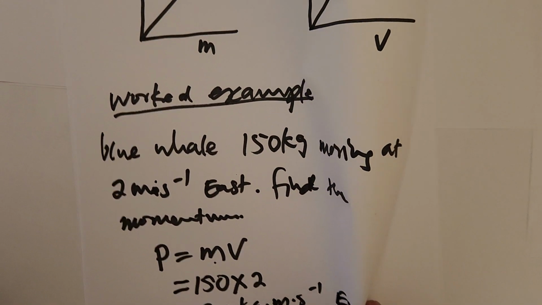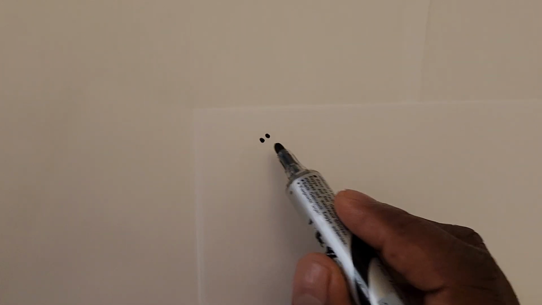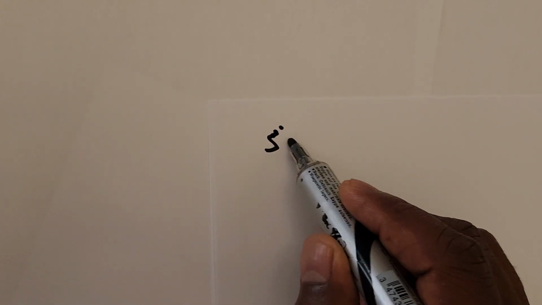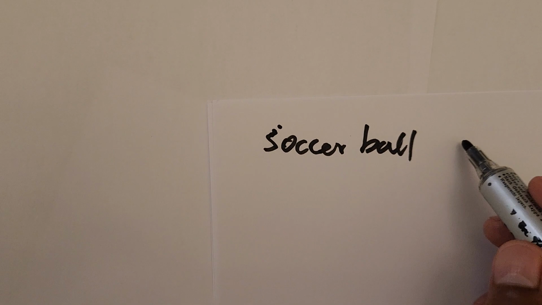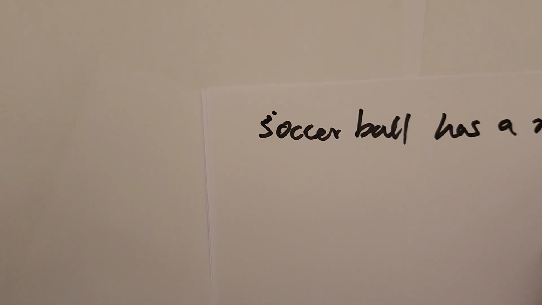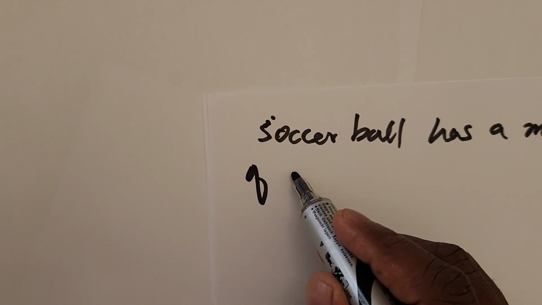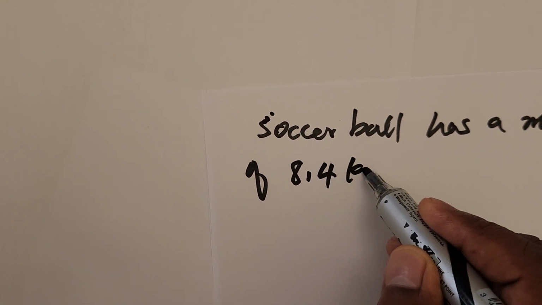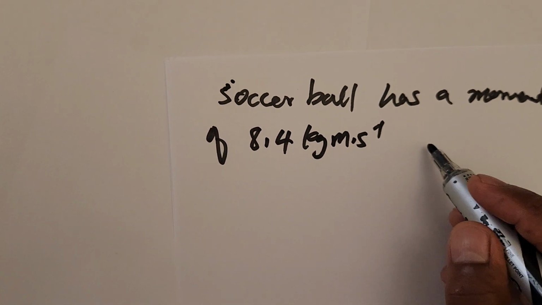The next example, let's talk about the football field. A soccer player is playing with the soccer ball. A soccer ball has a momentum of 8.4 kilogram meters per second after being kicked.